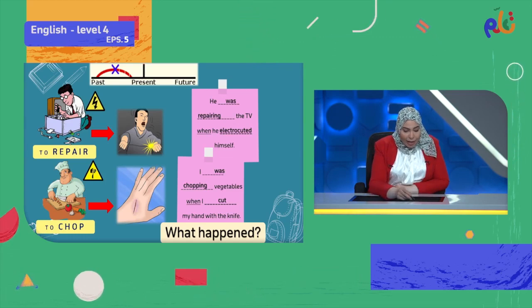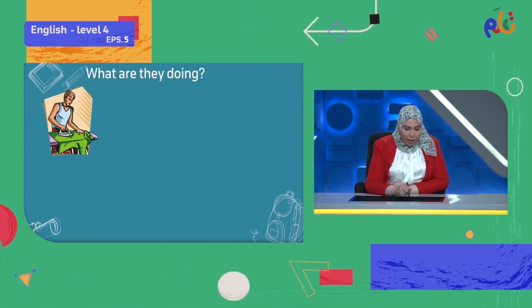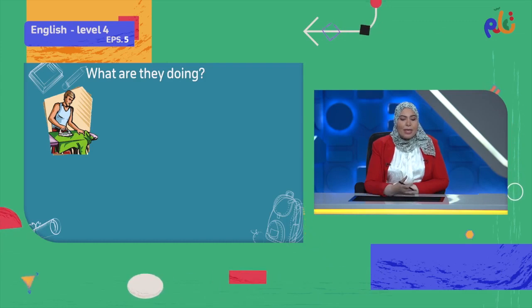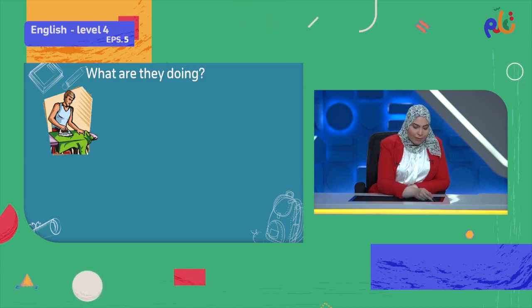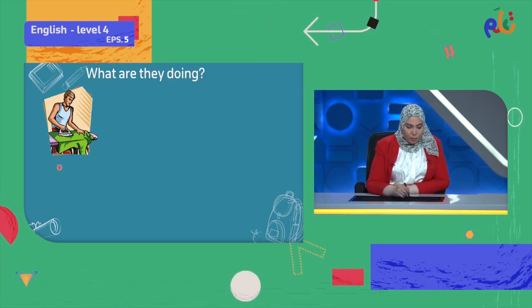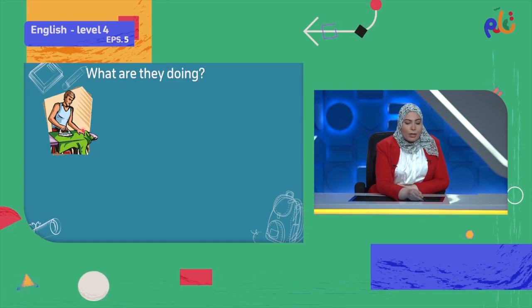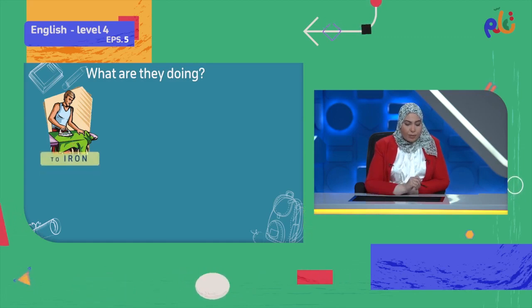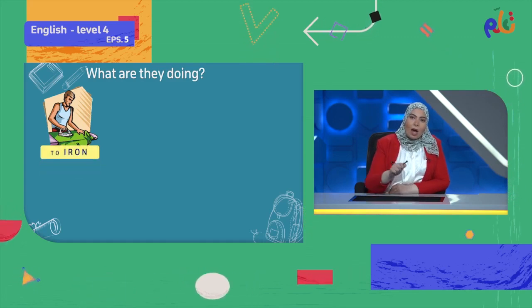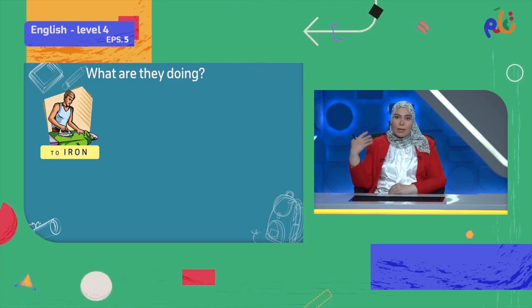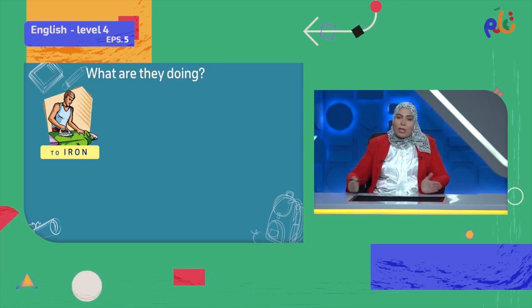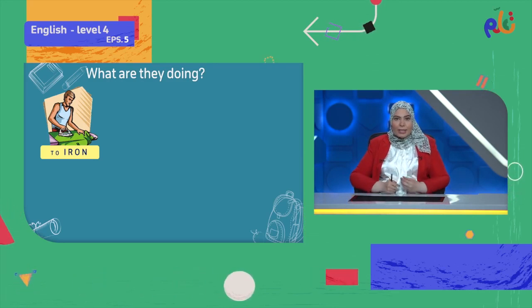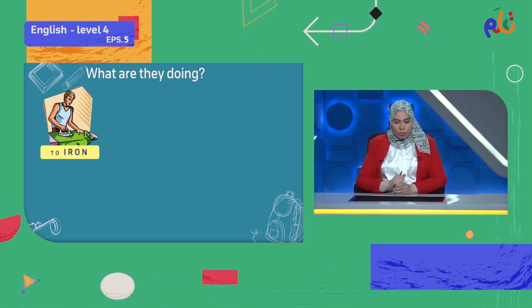So let's take a look at something else here. And let's try together thinking how we can make our sentences. So let's think of the verb that we have here. So we have this gentleman. What's he doing? So the verb is iron. If you remember, when we speak about household chores, what we do when we put the clothes straight and make them nice and neat, we call iron the clothes.